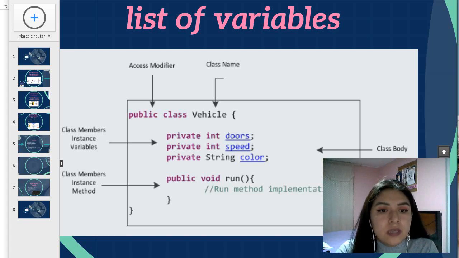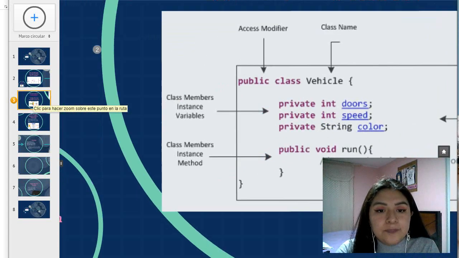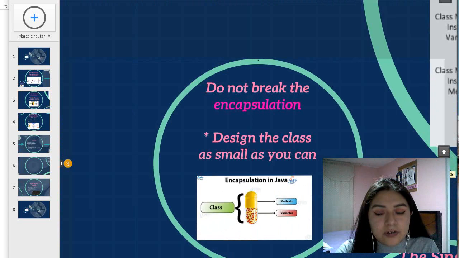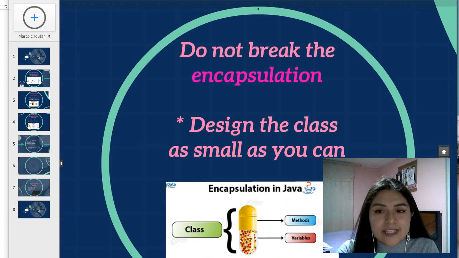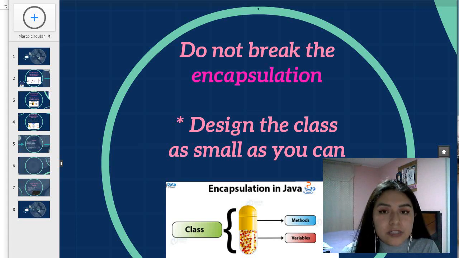Something important that the author also says is encapsulation. As you know, encapsulation is something really important that we have in OOP. So when you are creating classes, you should be conscious to not break the encapsulation.